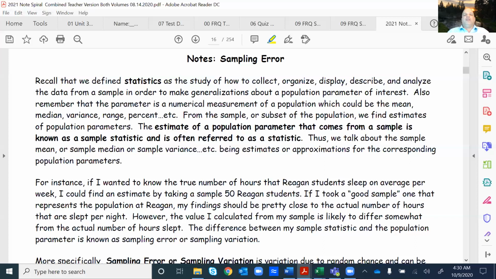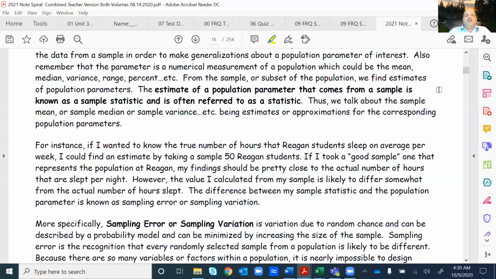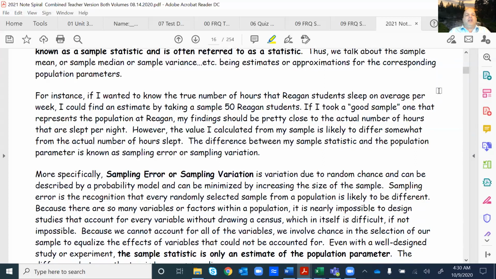So, sampling error. Sampling error is basically what we call sample variation, and is due to random chance. It can be described by a probability model and minimized by increasing the sample size. So this is a huge distinction between bias and sampling error.